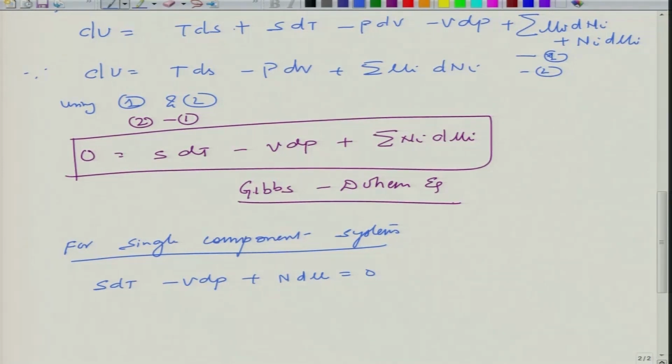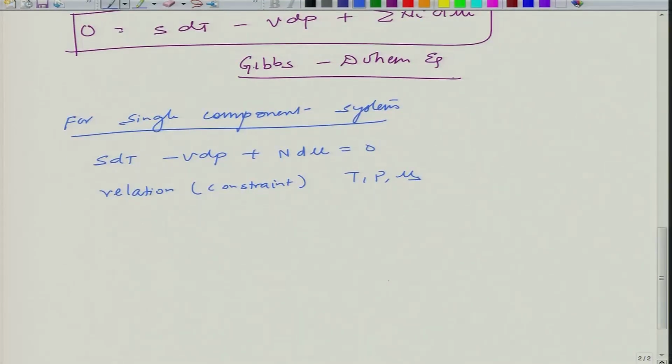As I said, this gives you a relation or constraints between T, P and mu. If you rearrange this expression and bring your d mu to the other side, you can get this relation: V by N dP minus S by N dT.